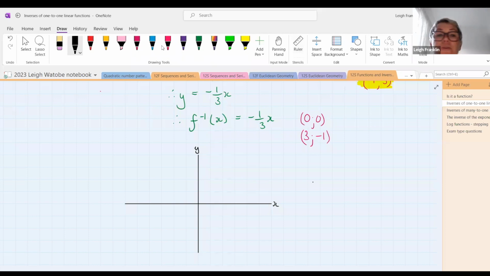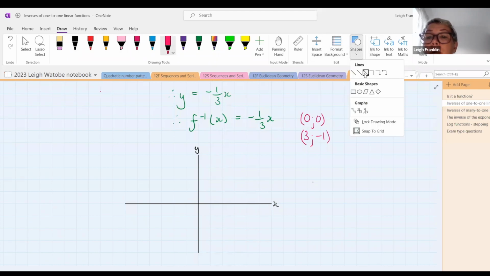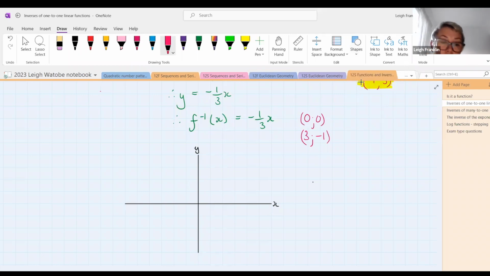And what I'm going to do is put in the line y equals x first. It's going to look something like that. Okay, so there's the line y equals x.